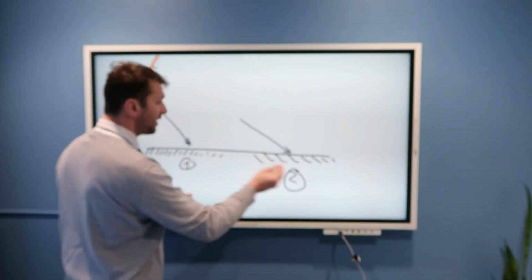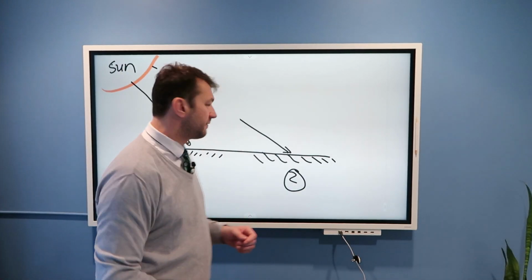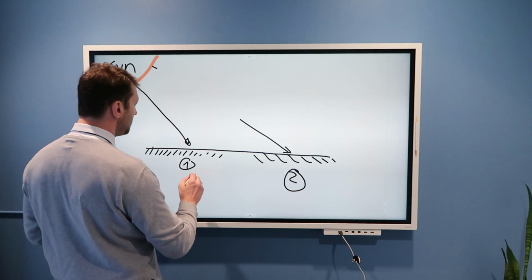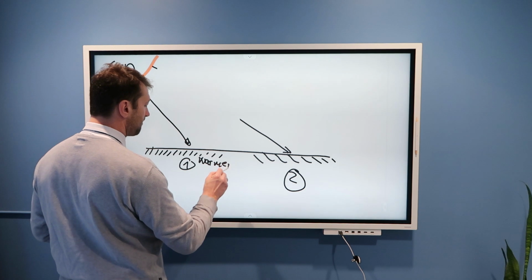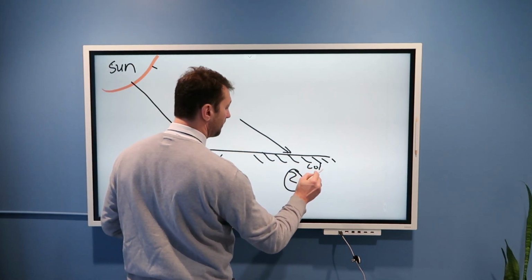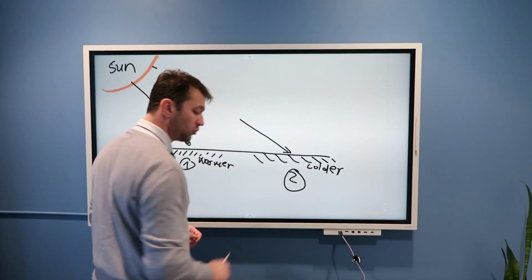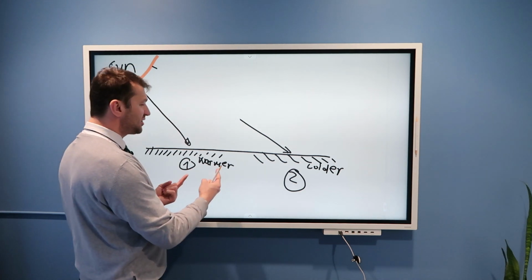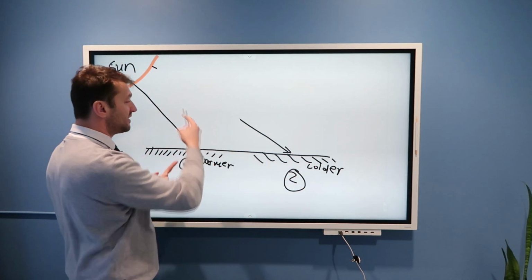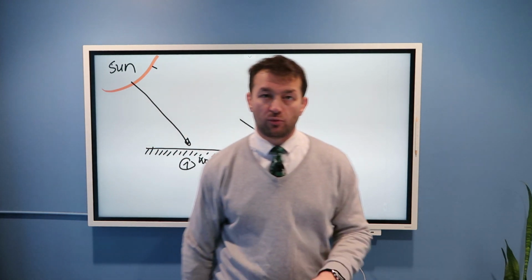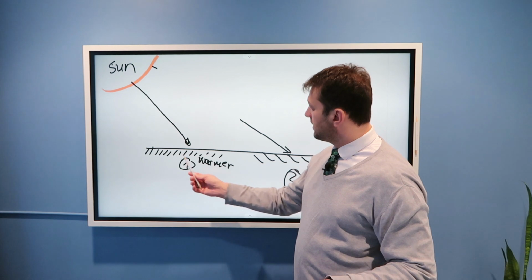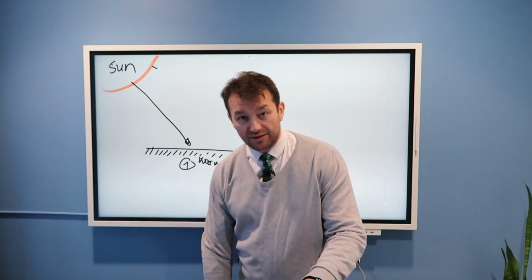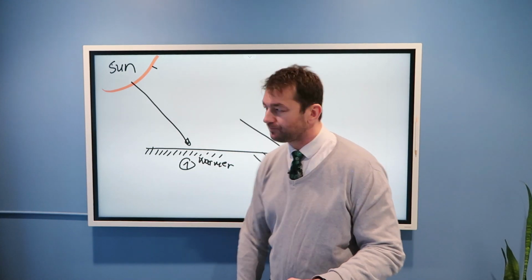The same amount of solar energy falls on both surfaces. Let us say that this one gets warmer and this one gets colder. Of course, you should now ask, how does this one get warmer than that one if the same amount of energy is falling on both surfaces? From my previous video, you know that different substances have different thermal capacity.